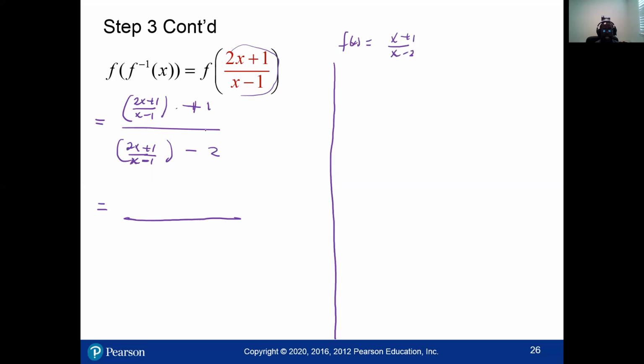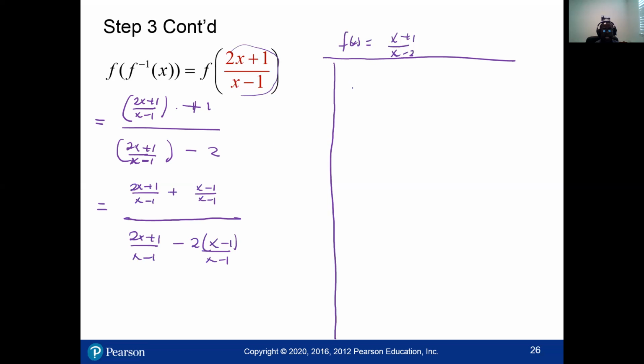And then when you find a common denominator, that would be 2x plus 1 over x minus 1, then plus x minus 1 over x minus 1, so that I have a common denominator. Similarly, for the denominator, you have 2x plus 1 over x minus 1. Okay, the minus 2 is x minus 1 over x minus 1 to have a common denominator.